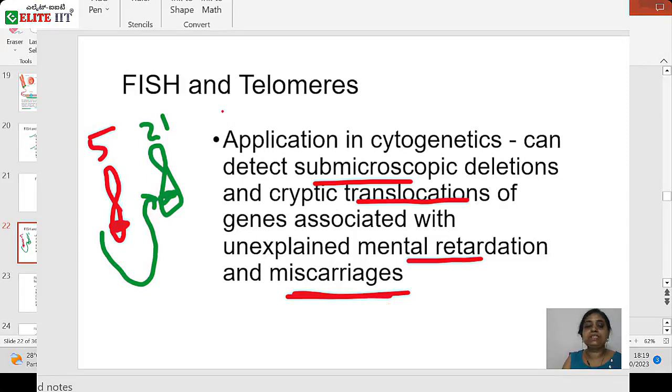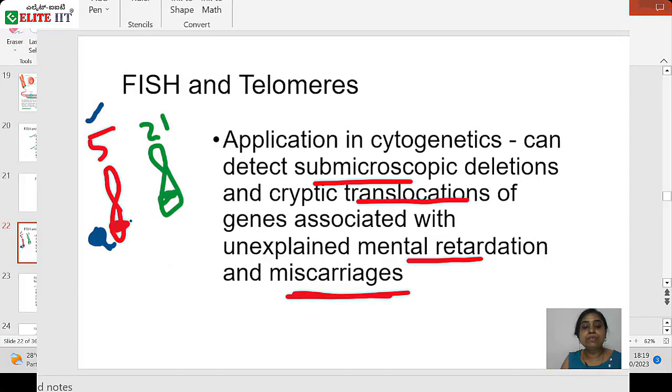If you find that one gene is translocated from one place to another place, you can identify that through the FISH method. That means if you consider chromosome number 5, in the normal case there should be gene A present in this position. But whenever you are doing the FISH method, you have used a probe against this gene, you are trying to localize this gene.